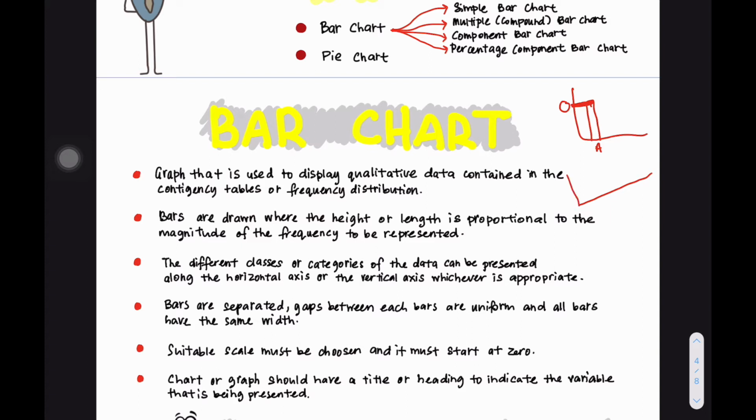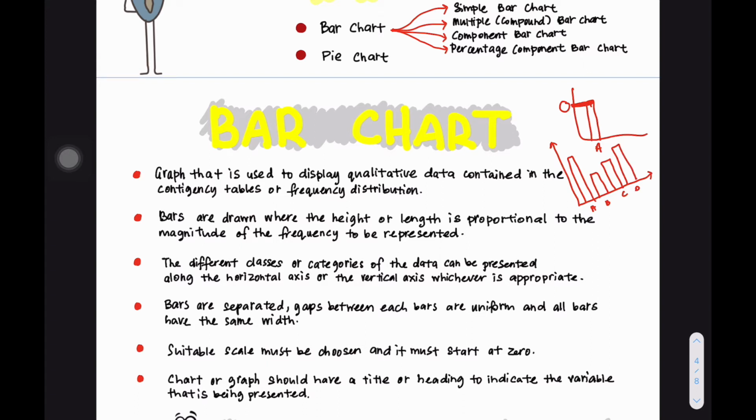Kita ada vertical axis Y and horizontal axis X. So kat sini bar chart untuk A, dekat sini bar chart untuk kategori B, dekat sini bar chart untuk kategori C, dekat sini bar chart untuk kategori D contohnya.